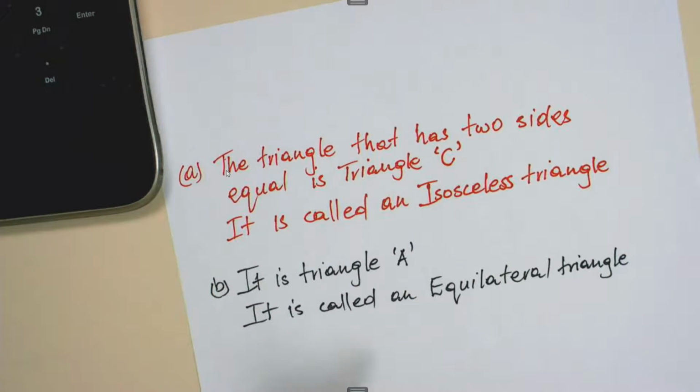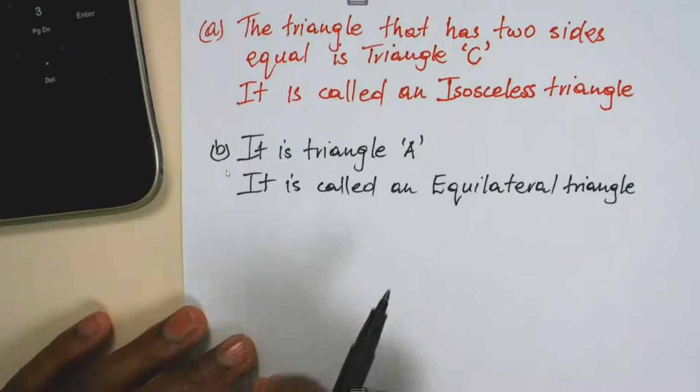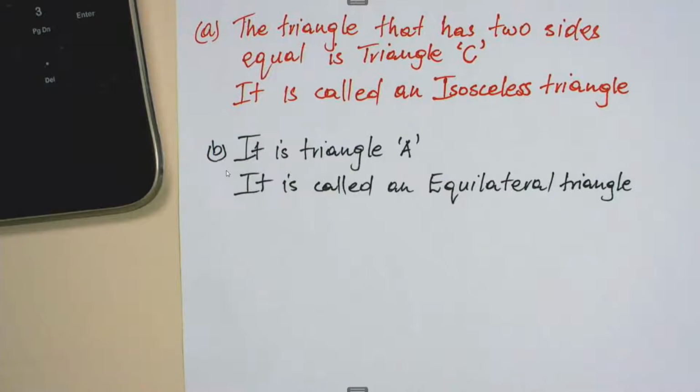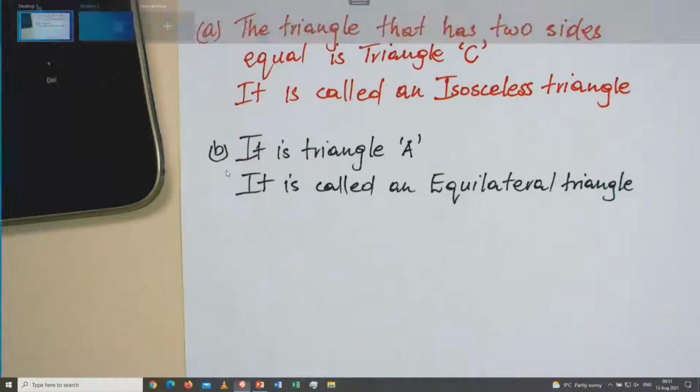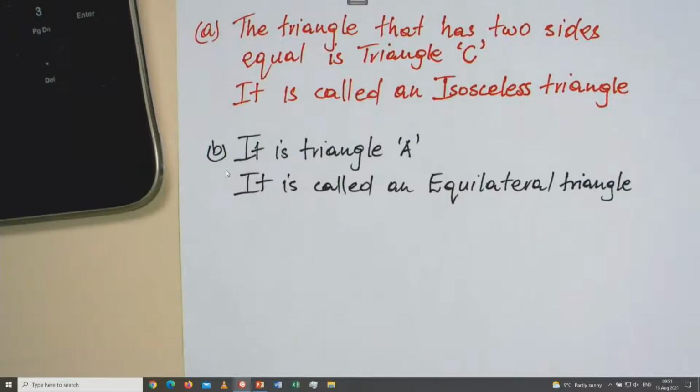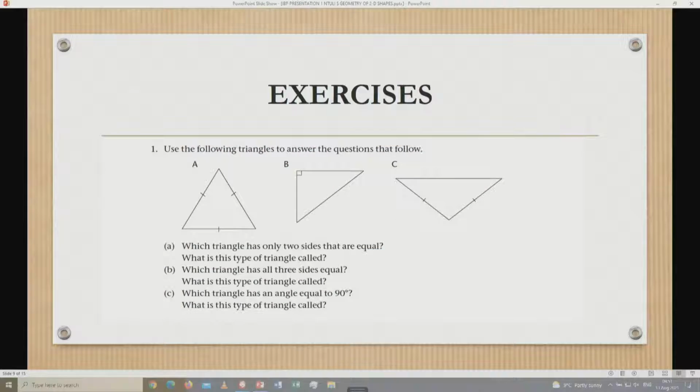Remember, number B was asking us which triangle has got 3 sides equal.